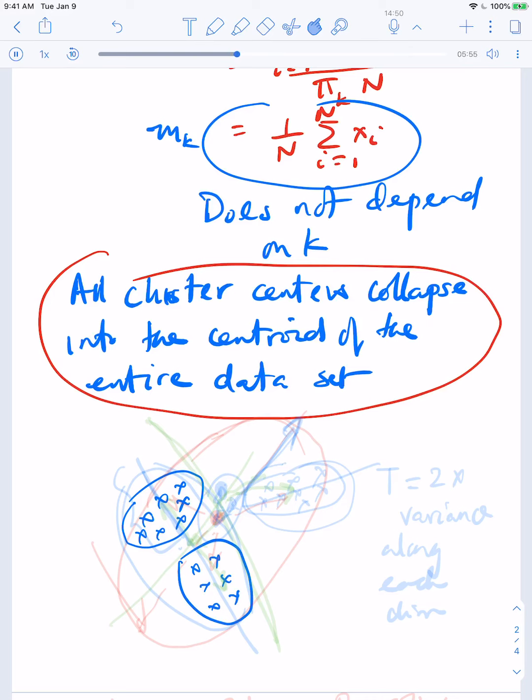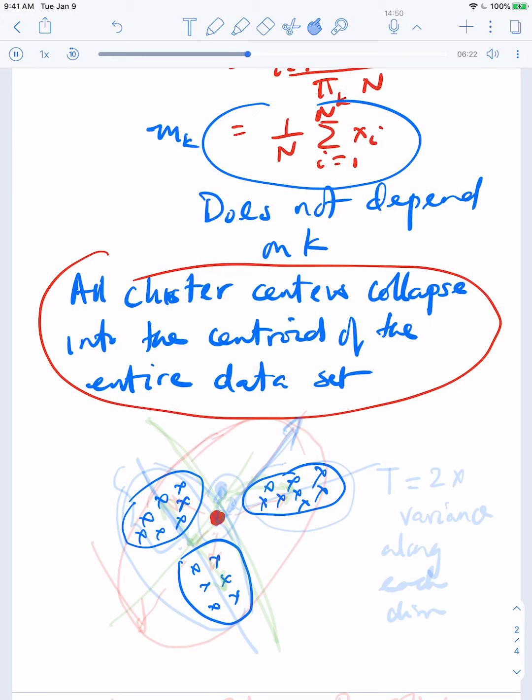So I have one component, two components, and then maybe I put a third component like this. And I've drawn data points from those components marked by crosses. When I have a very high temperature and run soft k-means, I might get the centroid, which I don't know exactly where it'll sit, but I'm sketching it to be here.